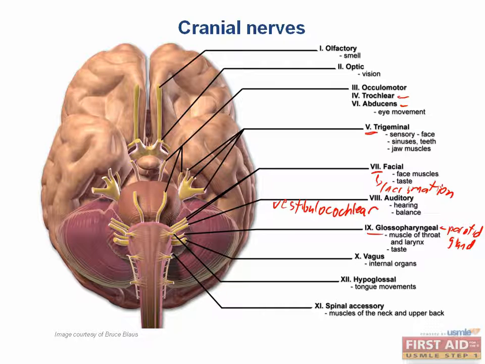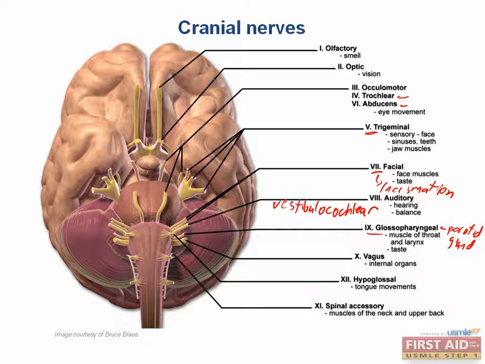The glossopharyngeal nerve, cranial nerve 9, we've already started to discuss in conjunction with cranial nerve 7. The major functions, as we mentioned, include taste from the posterior 1/3 of the tongue and control of secretions from the parotid gland. The vagus nerve is one you definitely want to know about. It is a major nerve. It controls the majority of the parasympathetic nerves that innervate visceral organs, all the way down to the splenic flexure.